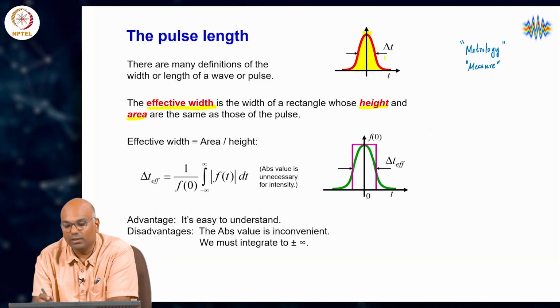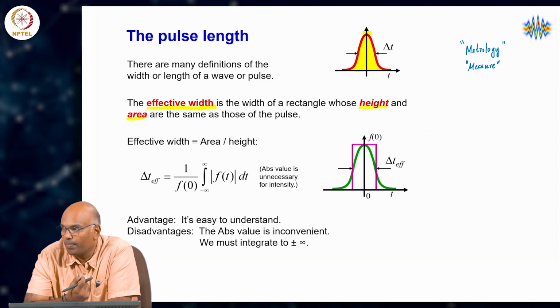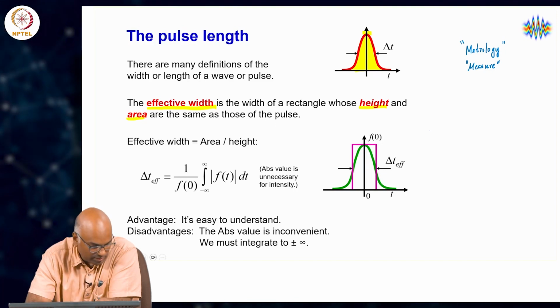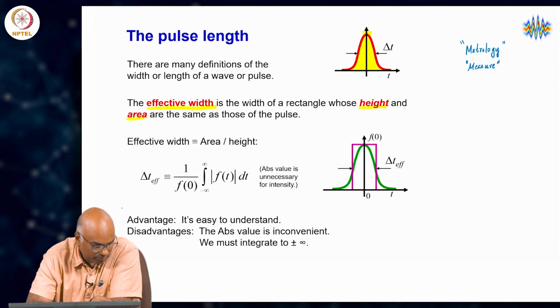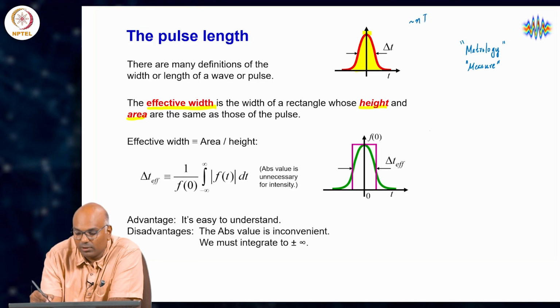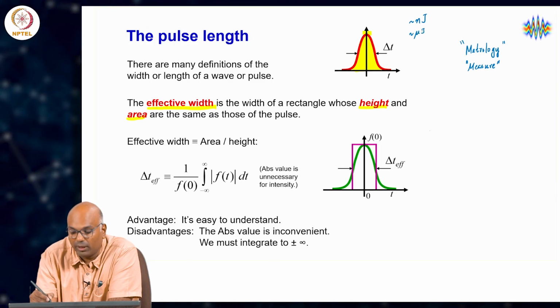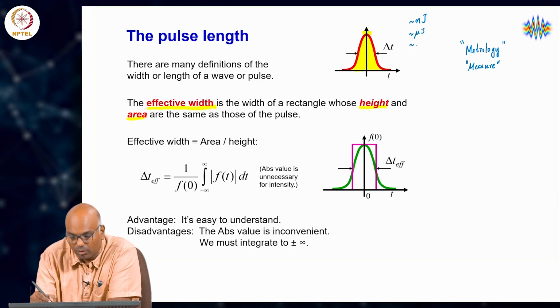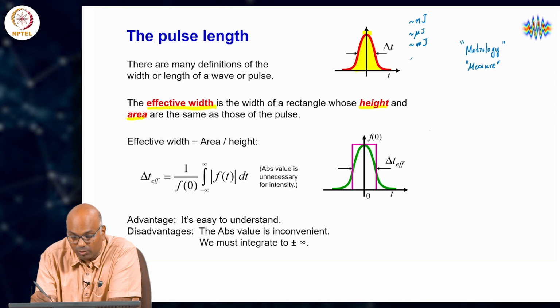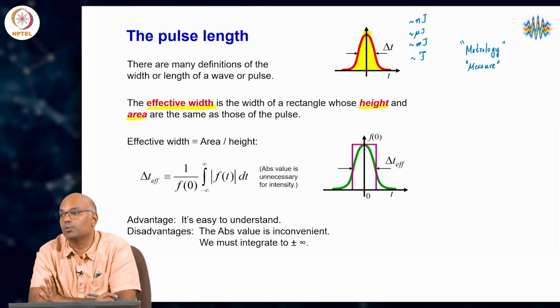So, the area under this curve is some bit of energy, okay. A single pulse can have an energy of some nanojoules or microjoules or millijoules, or if you dare, even joules or tens of joules, hundreds of joules.